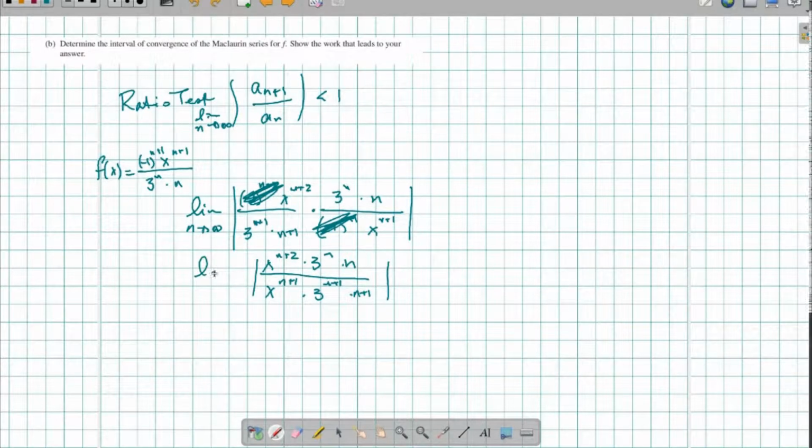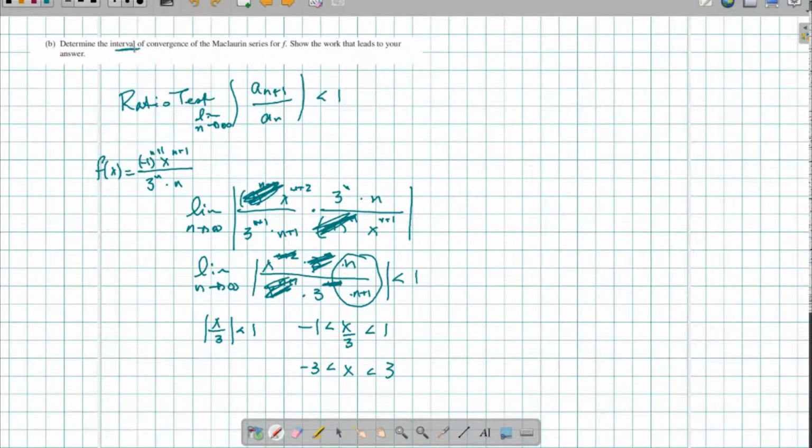And I'm looking to see what happens as n increases without bound, and I want this to be less than 1. In other words, I really want this, x over 3, because that's what happens. This limit, of course, is 1. I want to know where this is less than 1. So negative 1 is less than x over 3 is less than 1. So negative 3 is less than x is less than 3.